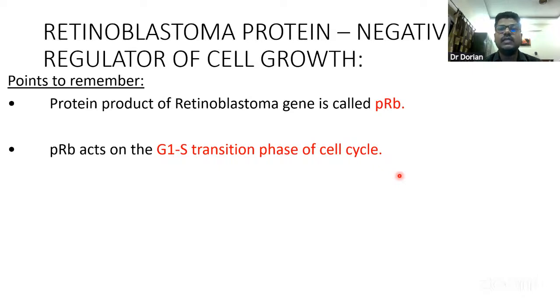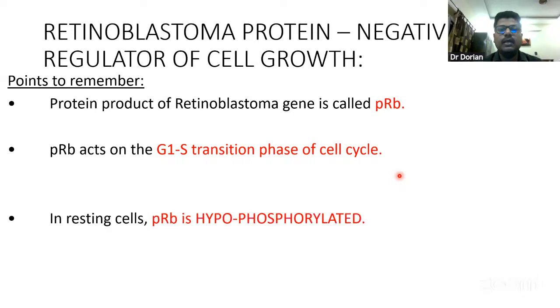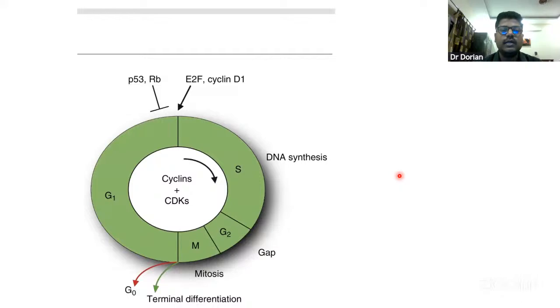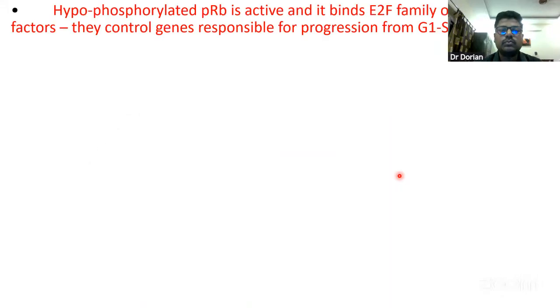You know the phases of the cell cycle, G1, S, G2, M. This G1/S interface is where the retinoblastoma protein is active. In the resting phase, retinoblastoma protein is hypophosphorylated. So this is the diagram. Hypophosphorylated retinoblastoma is active and it controls the genes responsible for progression from G1 to S phase.